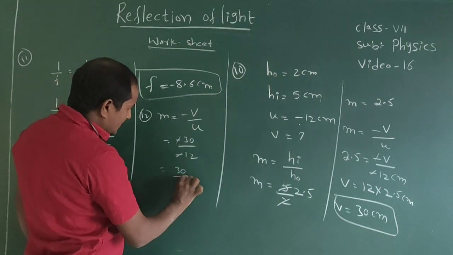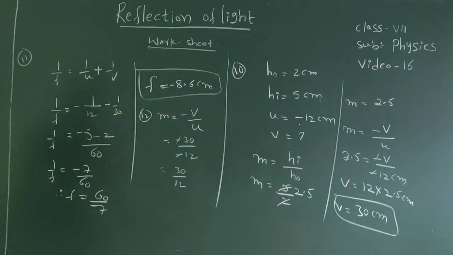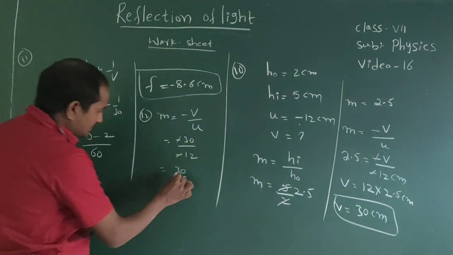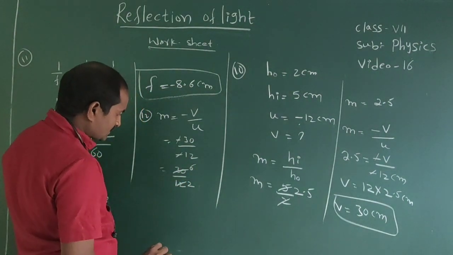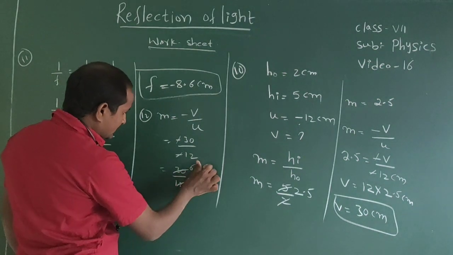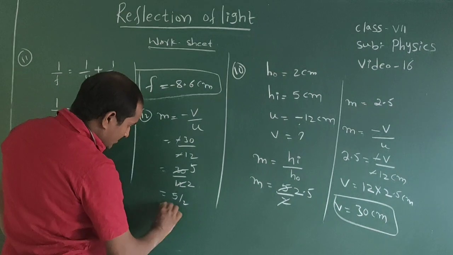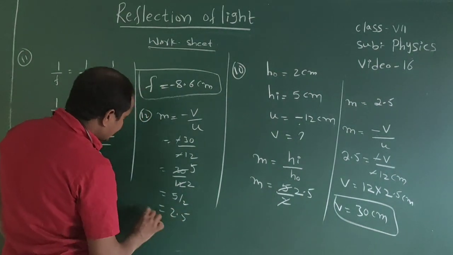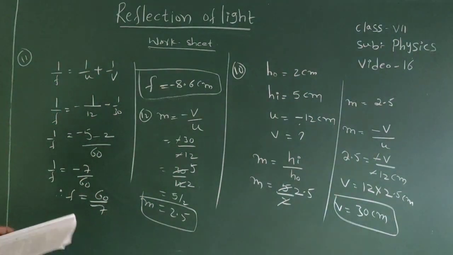That equal to 30 by 12, that is 5 by 2, that equal to 2.5. So m equal to 2.5. It is the magnification. Okay, option number C is the answer.